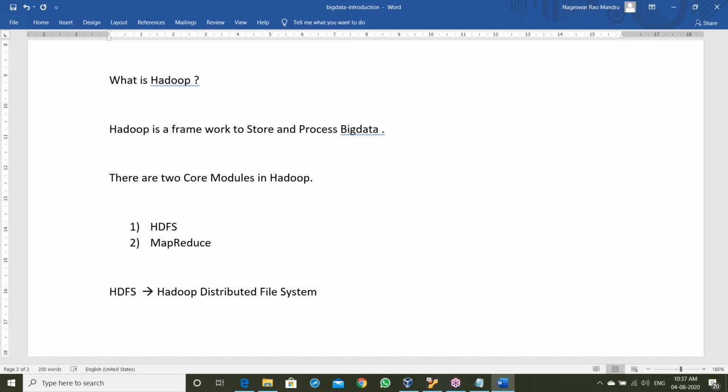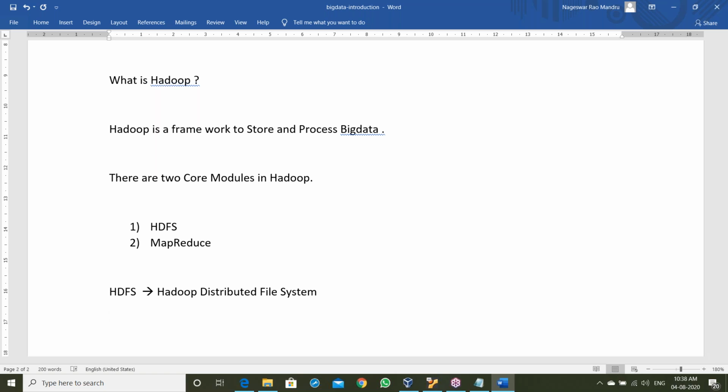HDFS stands for Hadoop Distributed File System. Here, what is a distributed file system? We'll discuss that, just wait.